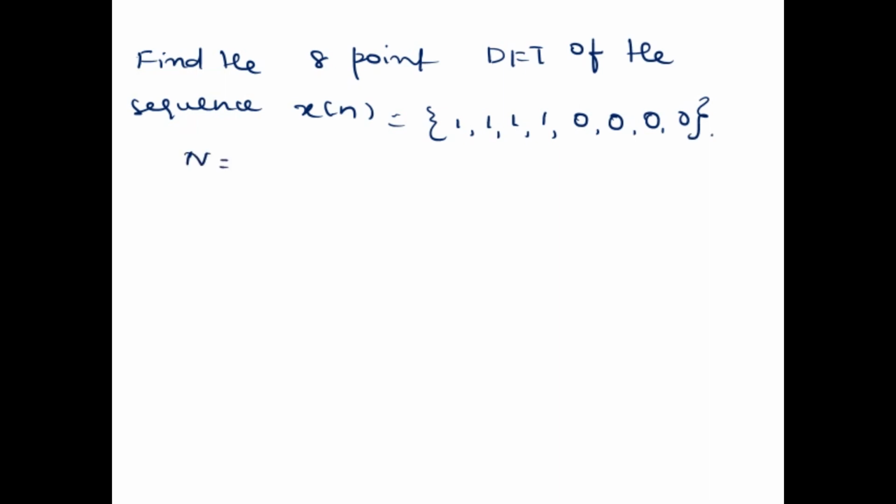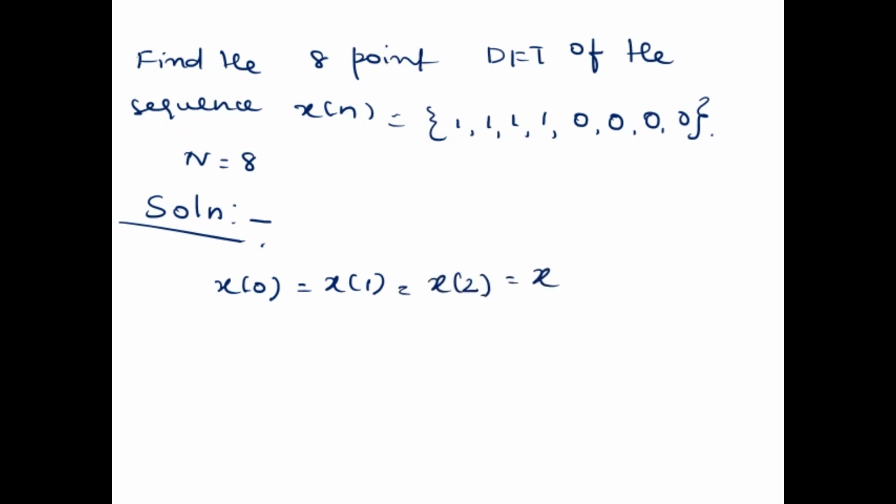It is given N is equal to 8. So the values are given: x of 0, x of 1, x of 2 and x of 3 are all ones. x of 4, x of 5, x of 6, x of 7 are all zeros.